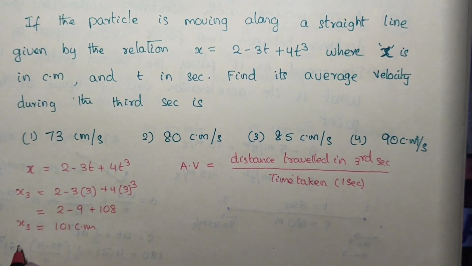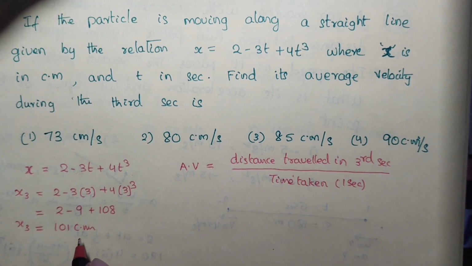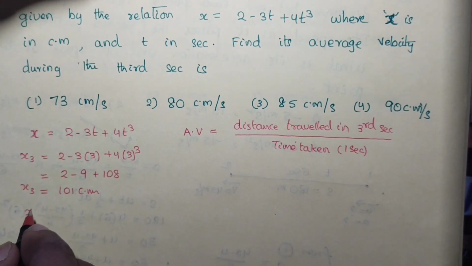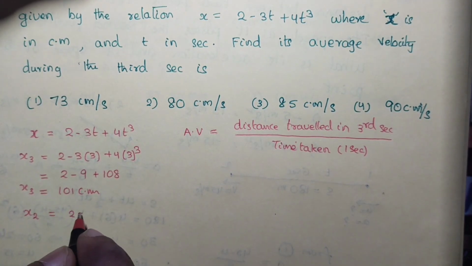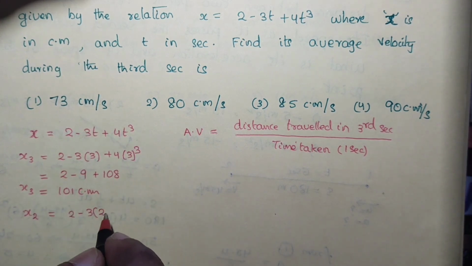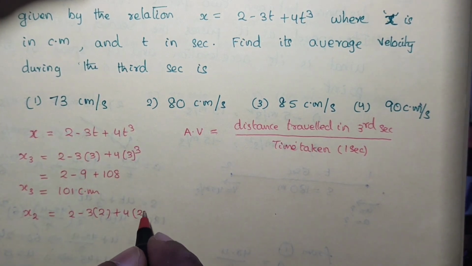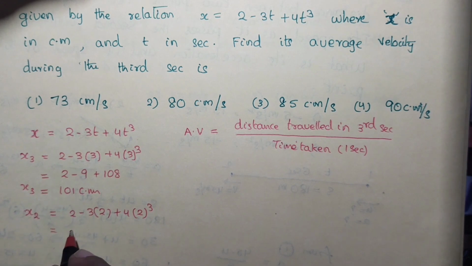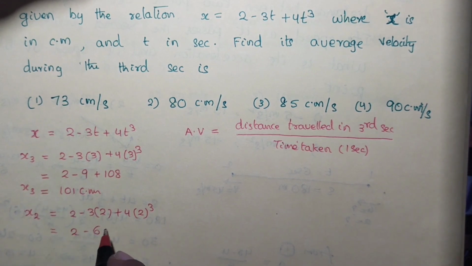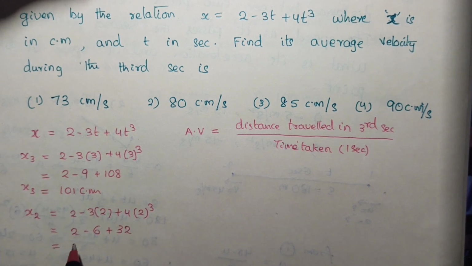In the same way, distance traveled in 2 seconds, let it be x2, is equal to 2 - 3 × 2 + 4 × 2³, that is equal to 2 - 6 + 32, it will be 28 centimeters.